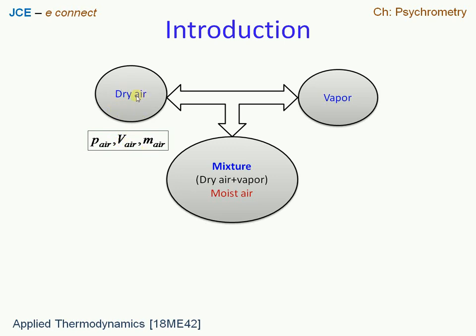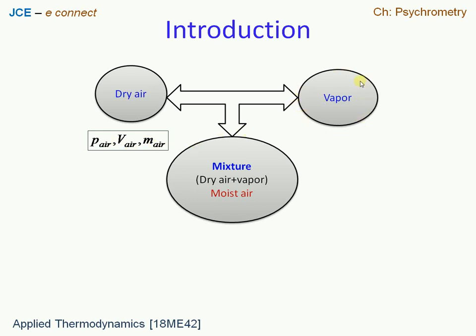Similarly, the mass of that air we can call small m with the suffix air. So we have p of air, V of air, and mass of air. All these represent dry air in the atmosphere: the partial pressure of air, the volume of dry air, and the mass of dry air.